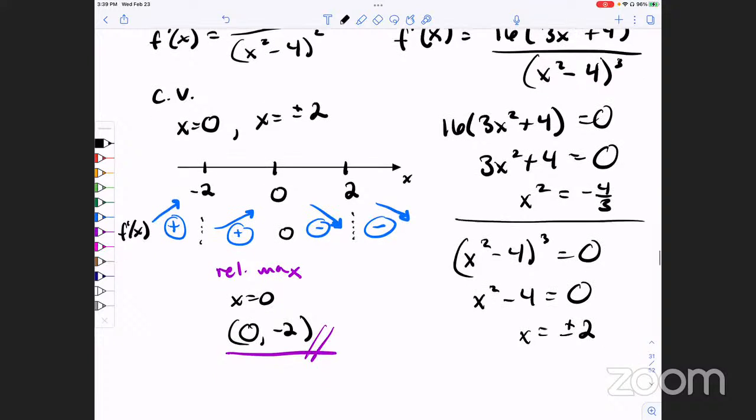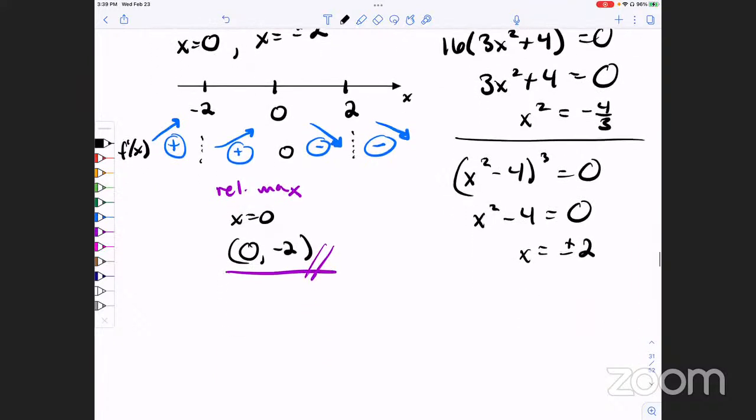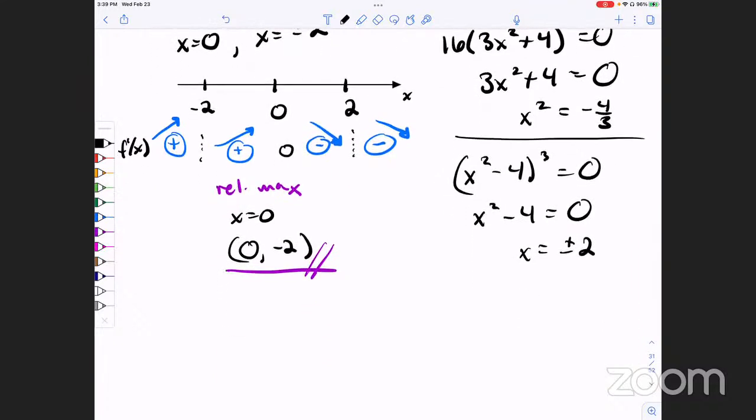All right. So then what we do is we take that and we need to basically do the interval test like we did with the first derivative. We take those results, and we look at them on a number line. So here's our -2, here's our +2.